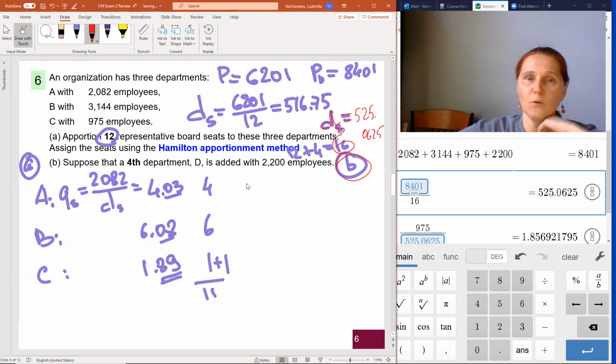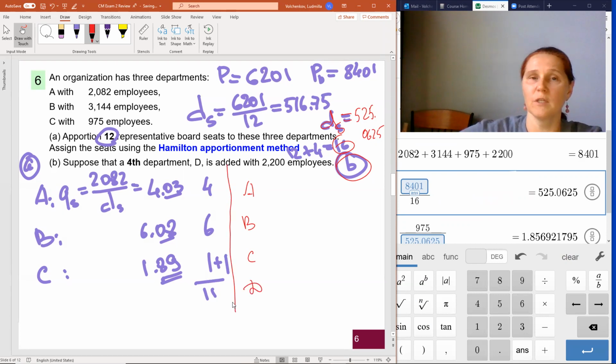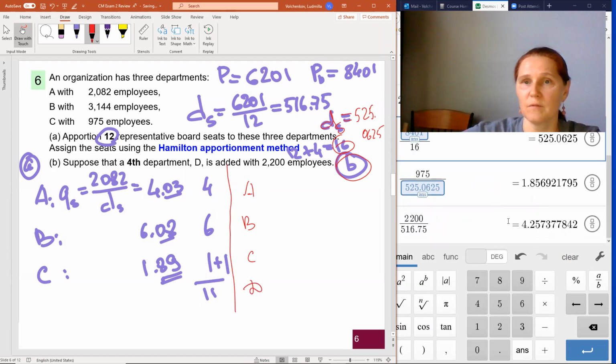And now we do the same for every department. Now we have 4. We find the standard quota. For C, it will be 975 divided by the standard divisor, 1.86 approximately.